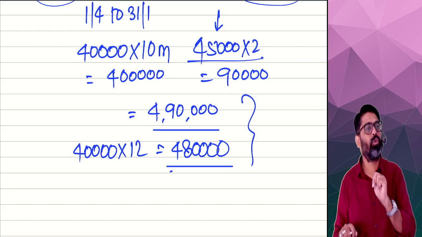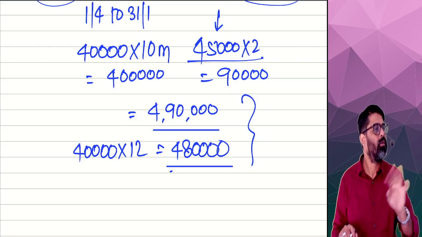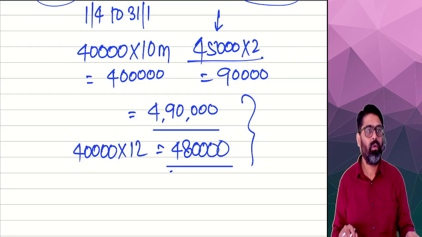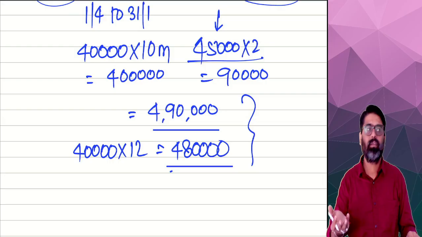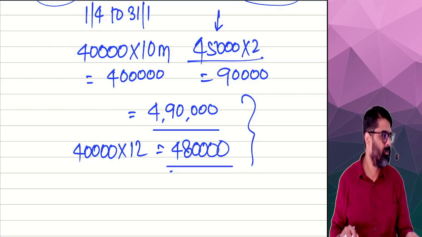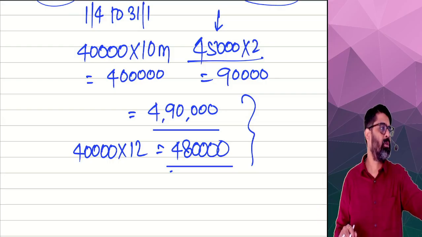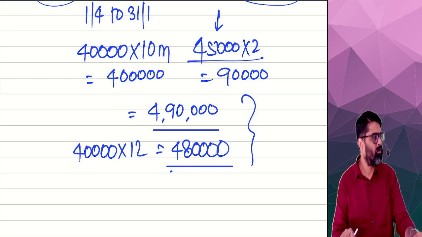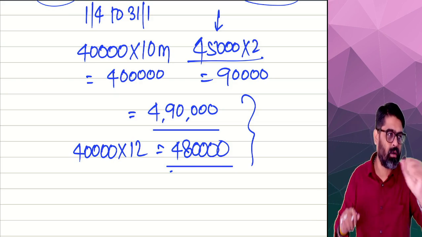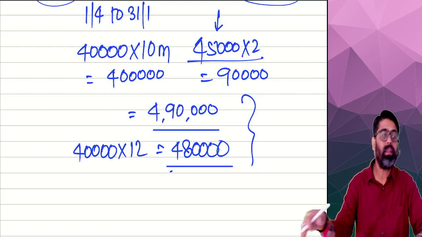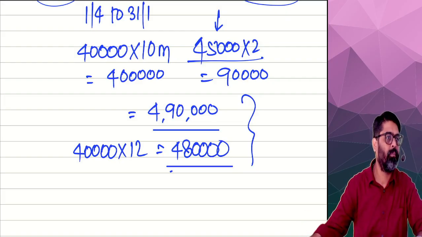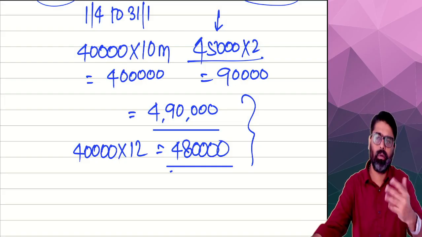So for the last 2 months, how much salary? 40. Now, your employer has rectified that mistake. He said, in the month of March also, you are going to get 40,000, because I forgot to inform the accounts department. But this year, I have informed them, you are going to get that balance 10,000 salary. Don't worry.